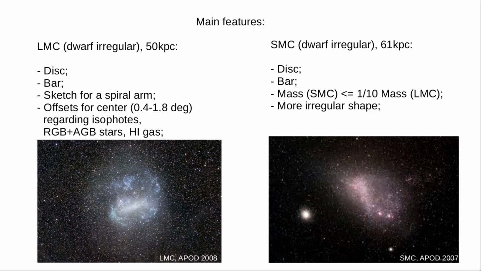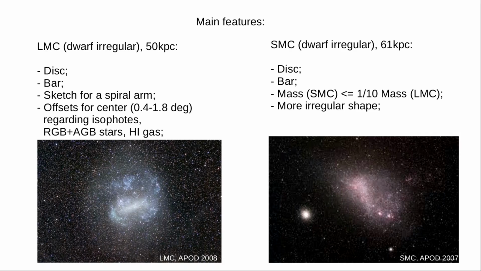They are classified as irregular. The LMC has a disk, a bar, and a sketch of a spiral arm, as you can see in the figure on the left. The LMC center differs if you consider isophotes, HB stars, or nuclear atomic hydrogen gas.